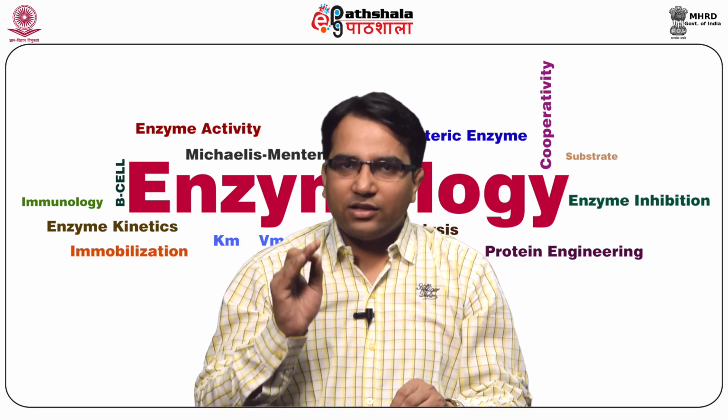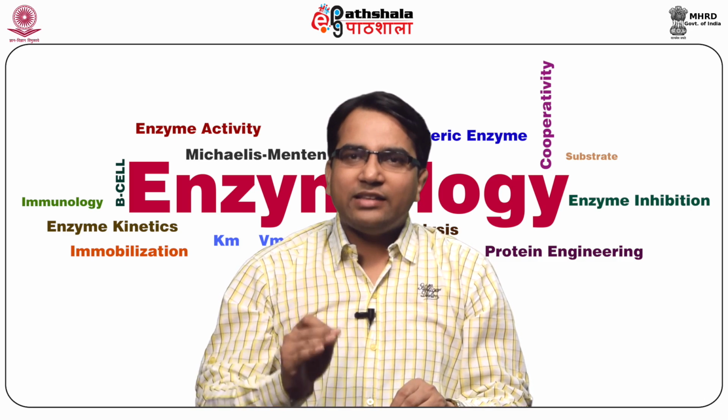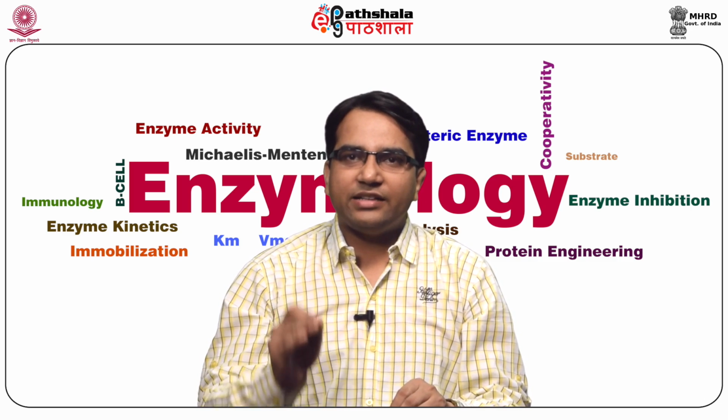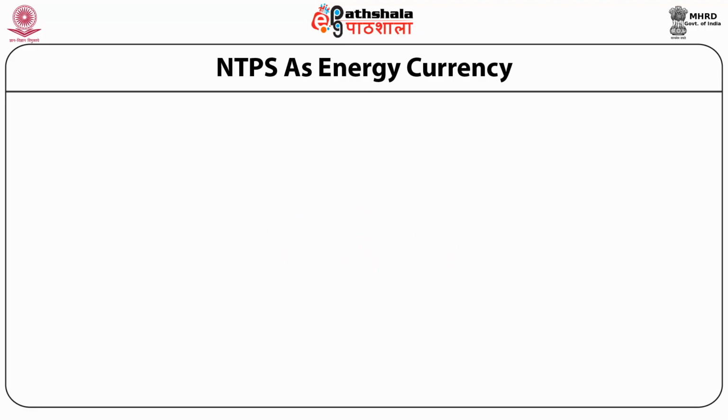In this module, we will also discuss the differences in delta G and other changes in different high energy compounds. We will discuss how nucleotide triphosphates or NTPs are used as energy currency.